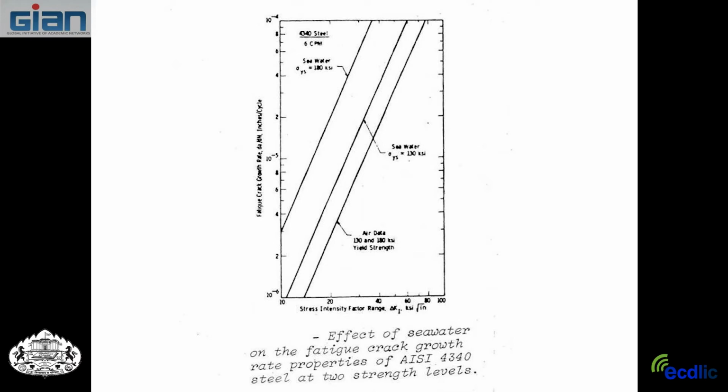They happen to be KSI, but in air they both had the same trend line, so there was no difference. In seawater, the lower strength was about 2 to 3 times faster. The higher strength was about 10 times faster. So the higher strength really was more susceptible to corrosion fatigue problems than the lower strength.